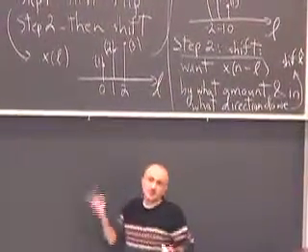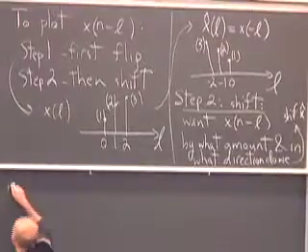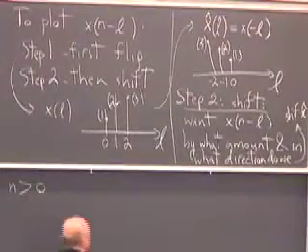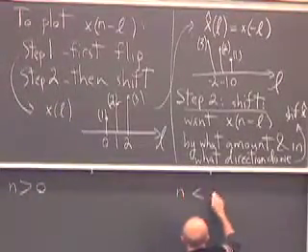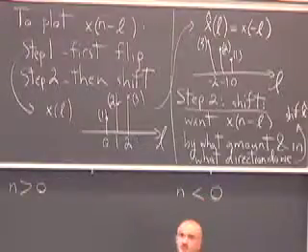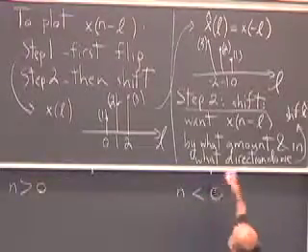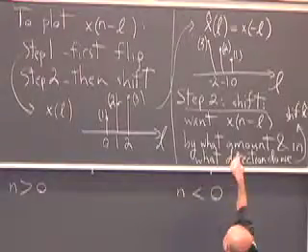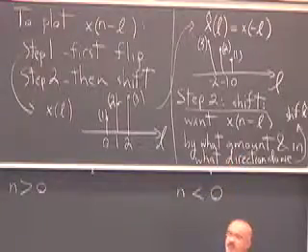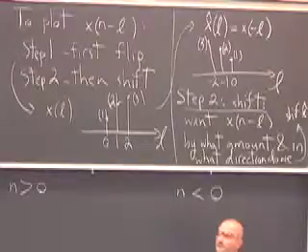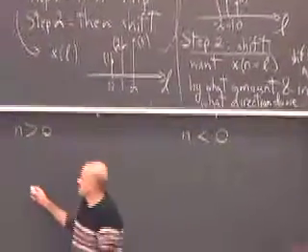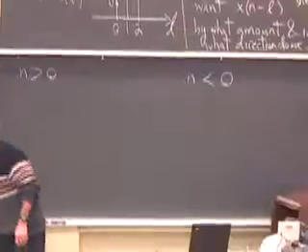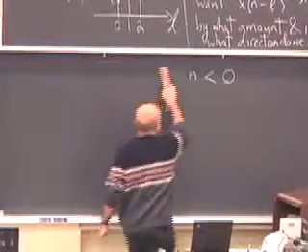Obviously, there are two cases, when n is positive and when n is negative. But algebraically, what do I have to do to x hat to get x of n minus L? Let me actually do the two cases after I write the expression.